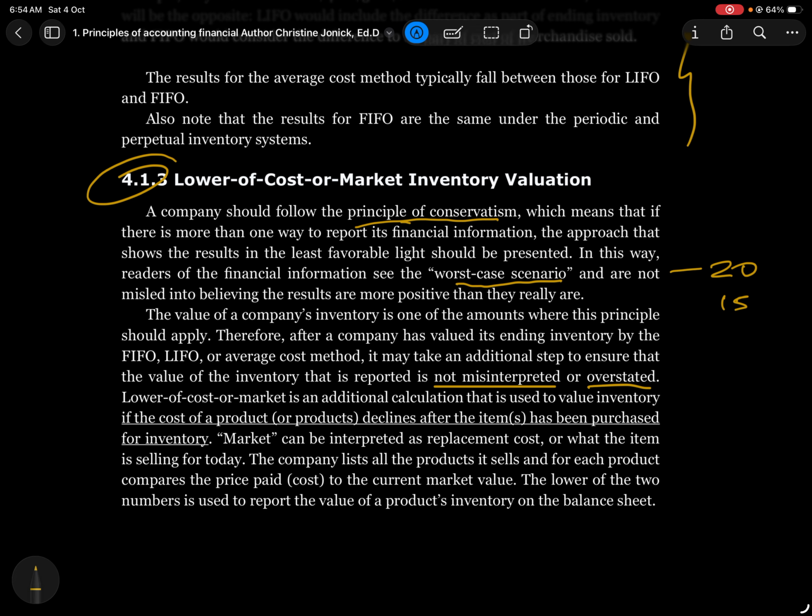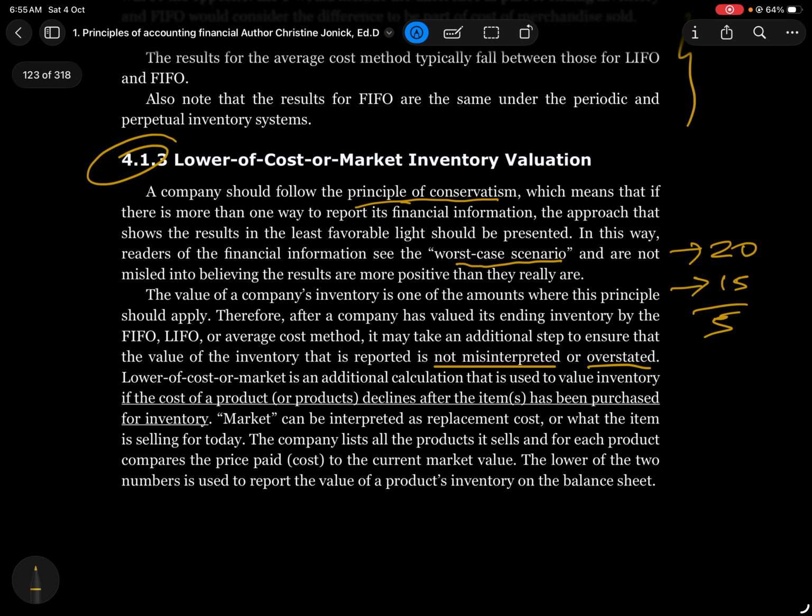If you put this $20, that's not good enough information, because you can only recover 15 out of it. So we will need to adjust for the $5 difference on a per unit basis. Even if we purchased it at 20, if the value decreases to 15, we will need to incur the cost.